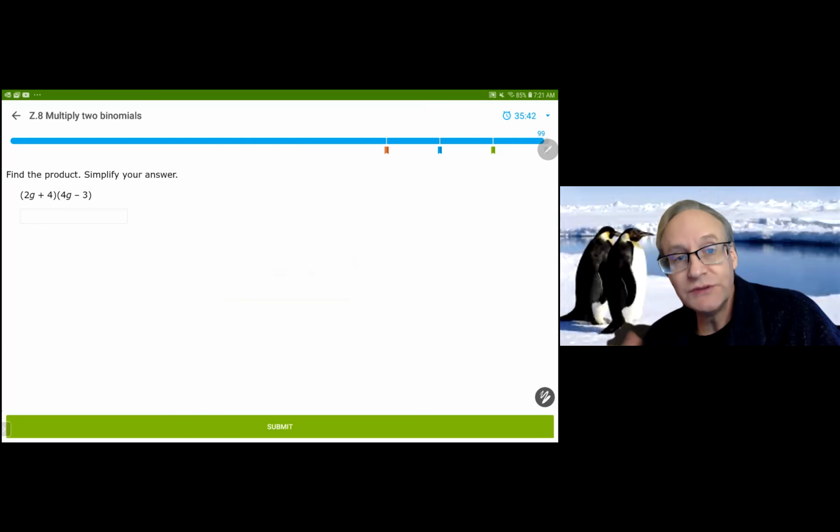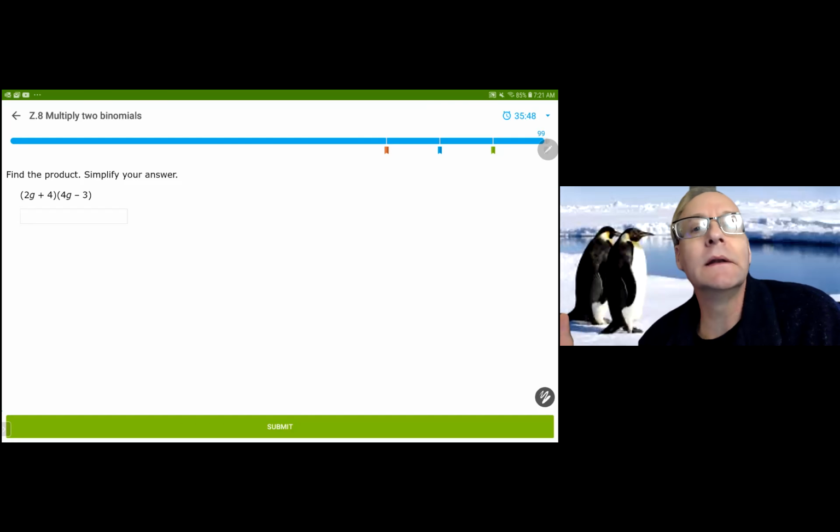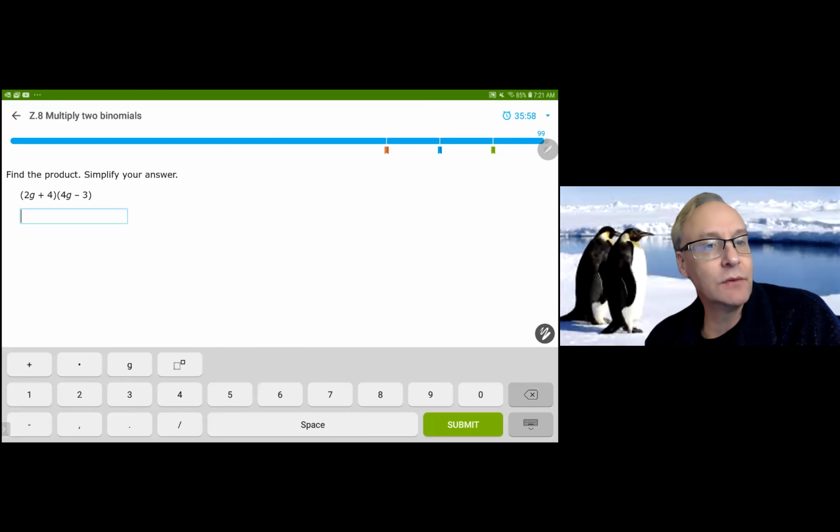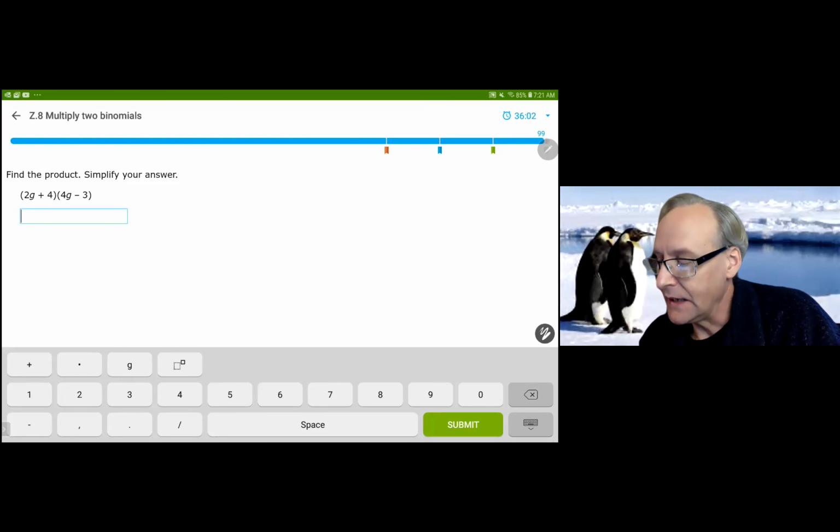And don't just be content with mastery on this one. This one requires even more than, I don't know how many questions I did, maybe 33 or something. You're going to want to do some more. So practice this until you can absolutely glance at it and do it in your head. When you guys can say out loud, 8g squared. You see the plus 16 and the minus 6? That's plus 10g. You need to be able to see it.